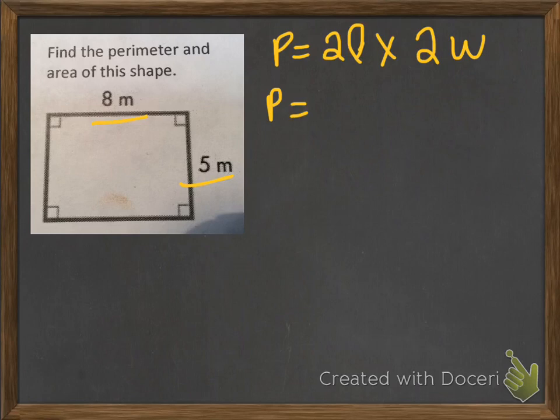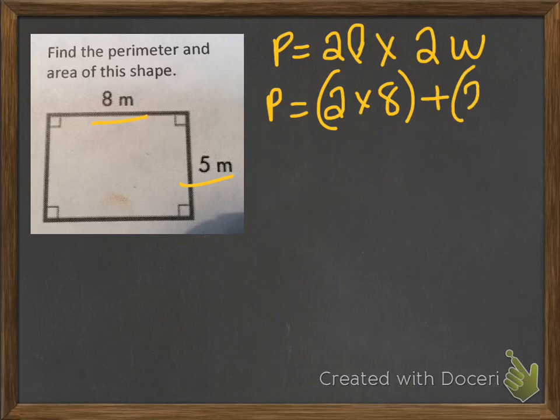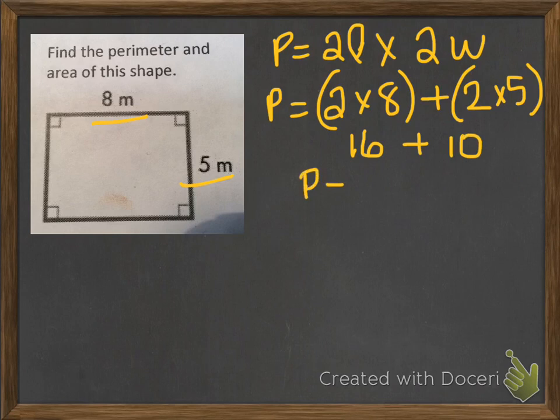This would be 2 times 8 plus 2 times 5. So 2 times 8 is 16, plus 2 times 5 is 10, and then I add those. 16 plus 10 is 26 meters.